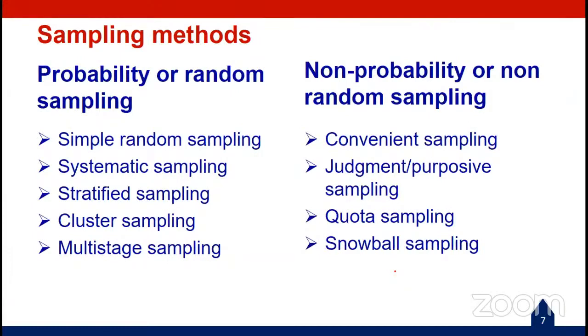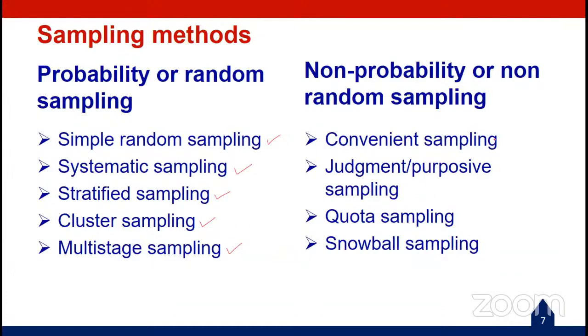Sampling methods are broadly classified into two types: probability or random sampling methods, and non-probability or non-random sampling methods. The commonly used probability sampling methods are simple random sampling, systematic sampling, stratified sampling, cluster sampling, and multi-stage sampling.